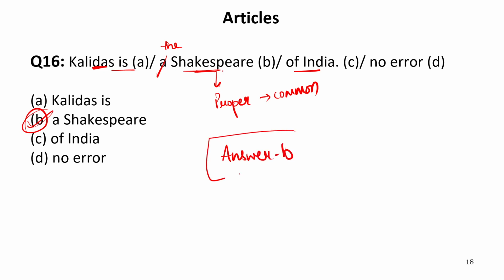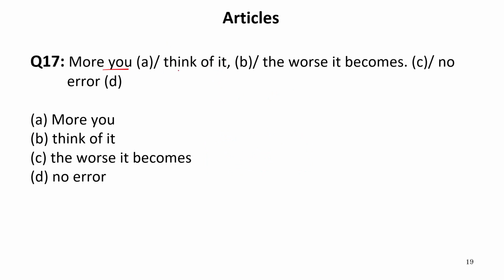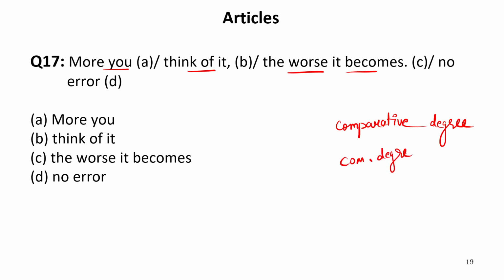Now let us move to the next one. More you think of it, the worse it becomes. Now, whenever there is a comparative degree and in the same sentence, another comparative degree has been used, both are behaving proportionally, inversely or directly.